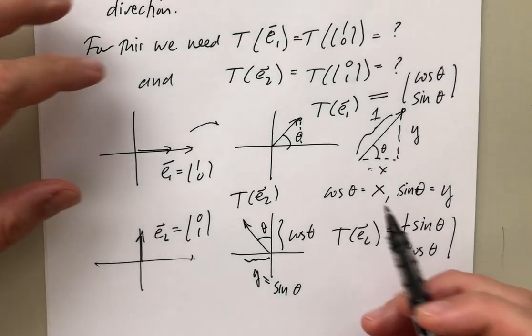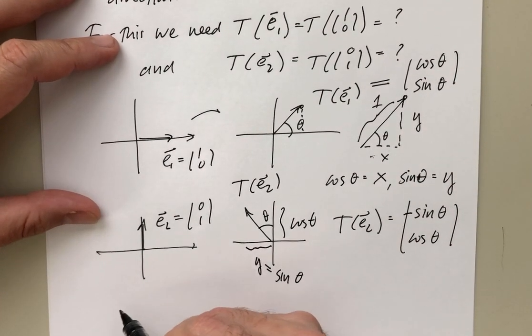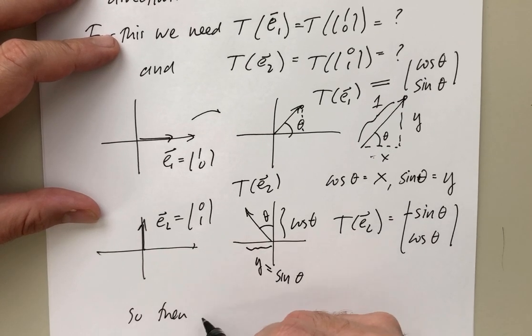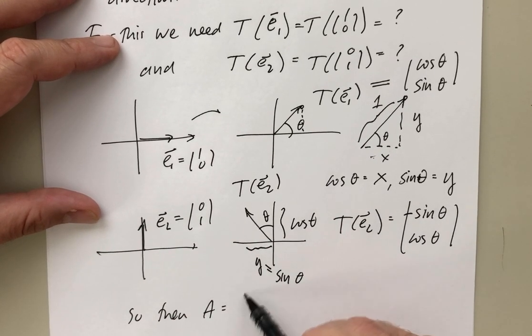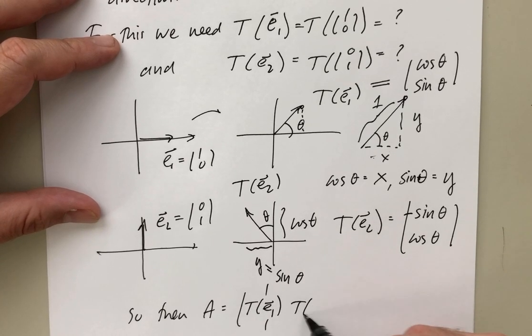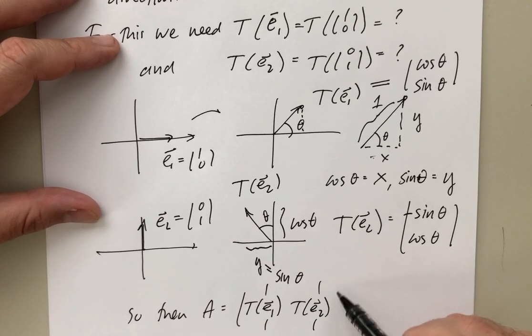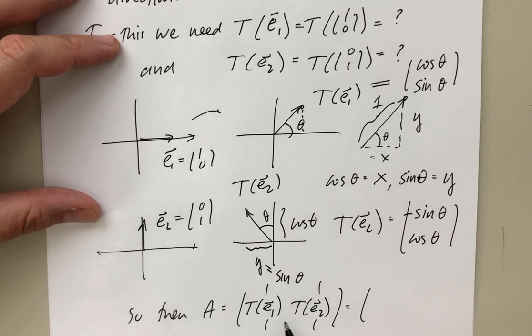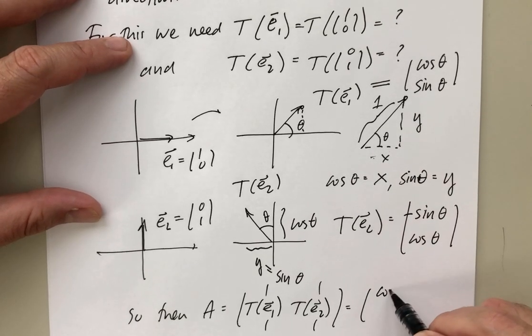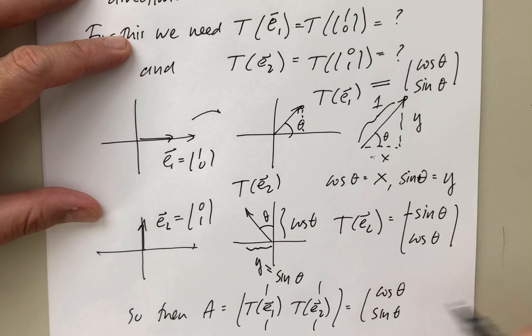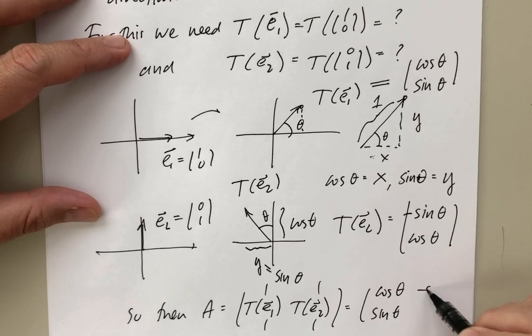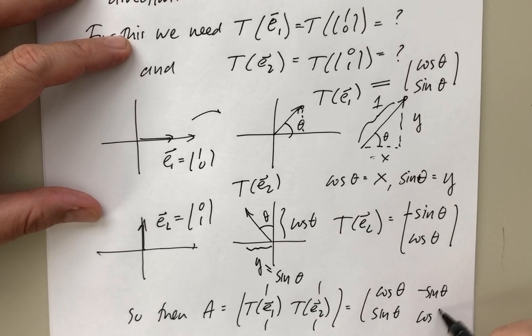Our rule from the previous slide says that the matrix A is going to have T of E1 in the first column and T of E2 in the second column. T of E1 was (cosine theta, sine theta), and T of E2 was (minus sine theta, cosine theta).